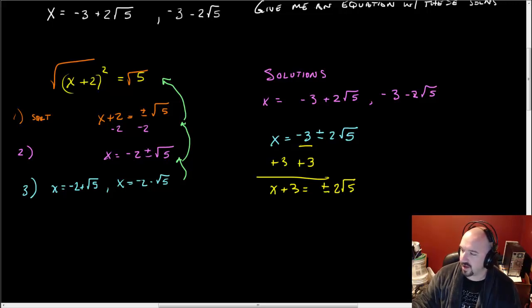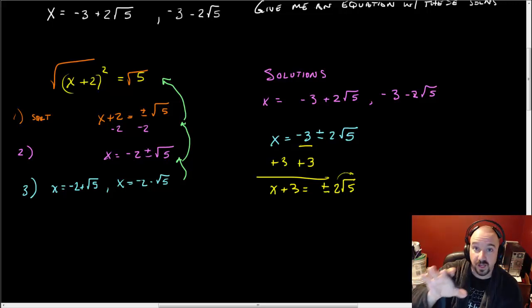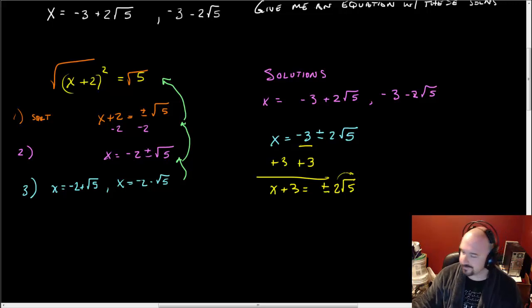Well, 2 roots of 5, we can actually bring this 2 back in. You can do this now, or you can do this later. It doesn't really matter, but you're going to do it. So, we just square both sides. We took the square root, right? So we're going to square both sides.